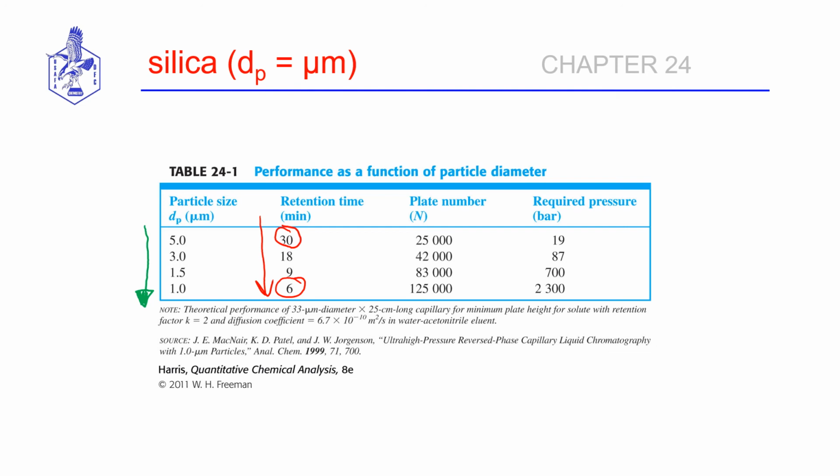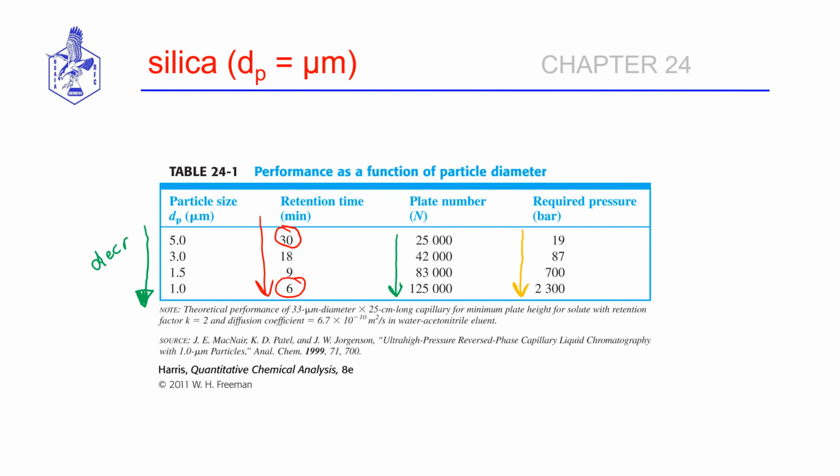What does it do to the number of theoretical plates? With decreasing particle diameter, we have an increasing number of theoretical plates. So improved resolution. And as we predicted, the downside to all of this is what kind of pressure you're going to need to get your mobile phase to flow over a packed bed of these particles.